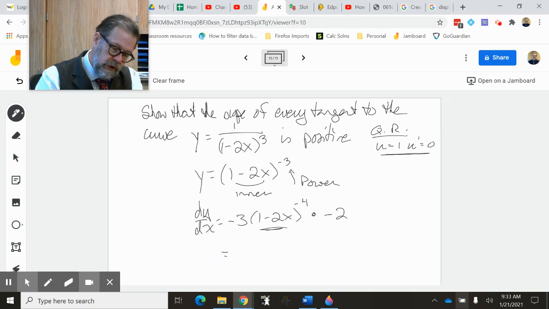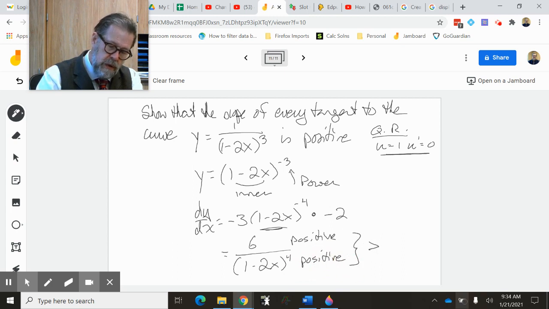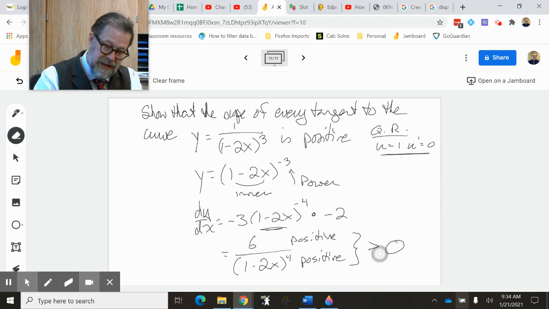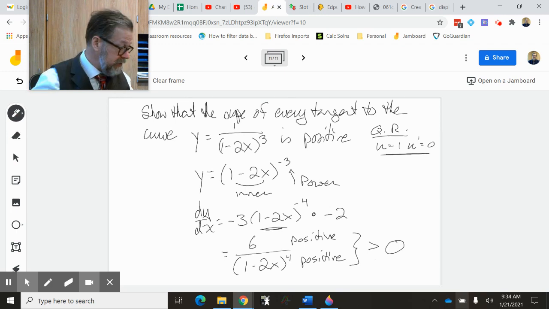And so doing a little simplification, I get 6 over 1 minus 2x to the 4th power. Well, this is positive, and this is positive, which means that the answer is always positive. It has to be a positive divided by a positive.